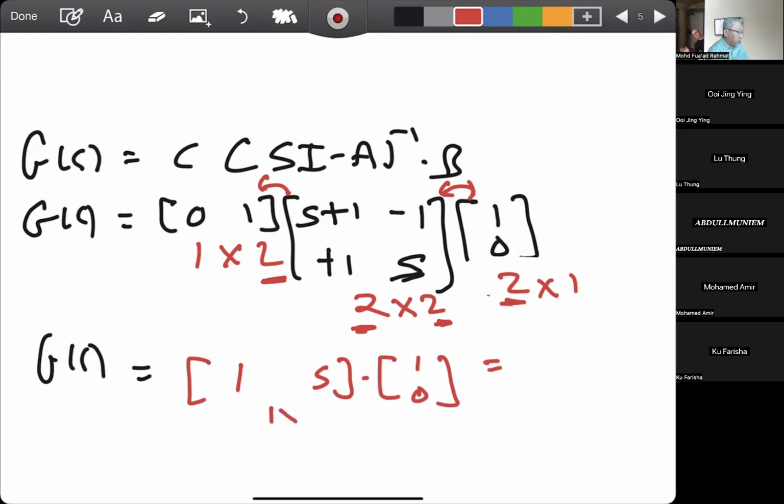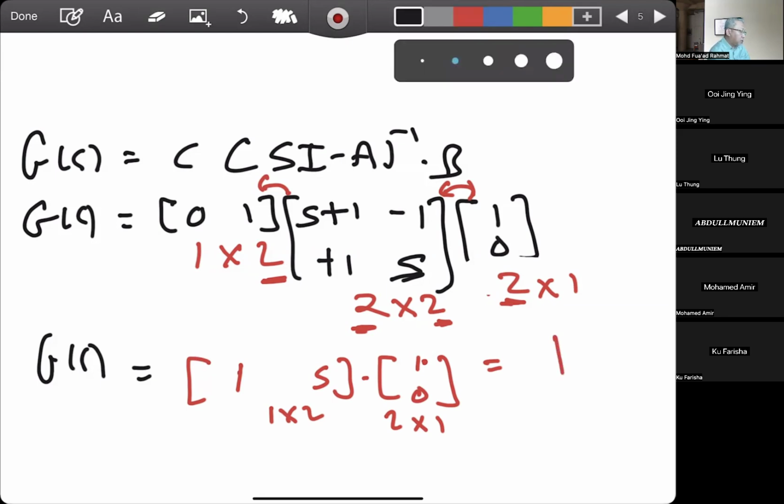So this is 1 by 2, and this is 2 by 1. So 1 multiplied by 1 plus s multiplied by 0 gives 1.